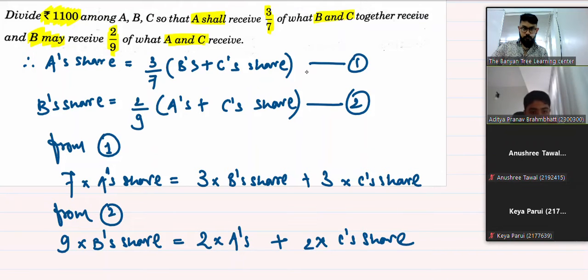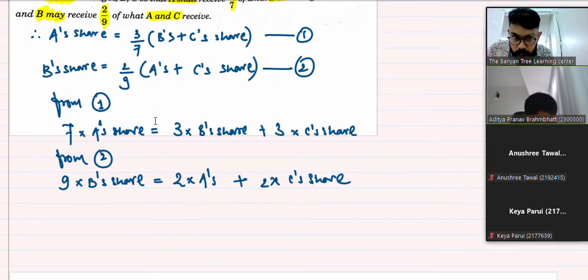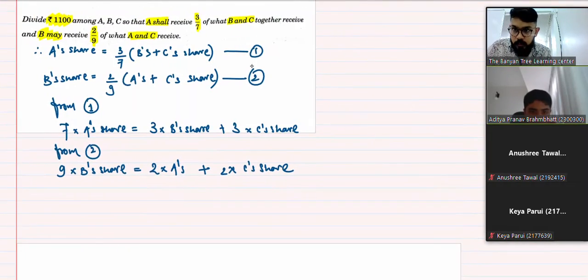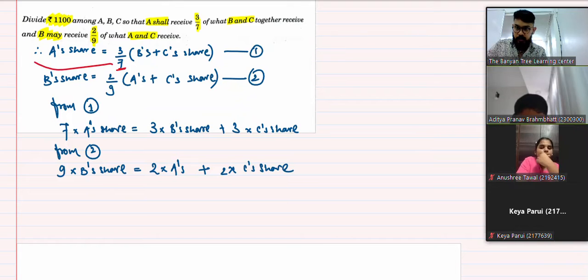So why did you make it 3 here? Sir, why did you do the 7 into A's share is equal to 3? You see what happened over here? We have 7 in the denominator. That 7 will travel over here and become 7 times A's share, and this 3 will get multiplied inside.